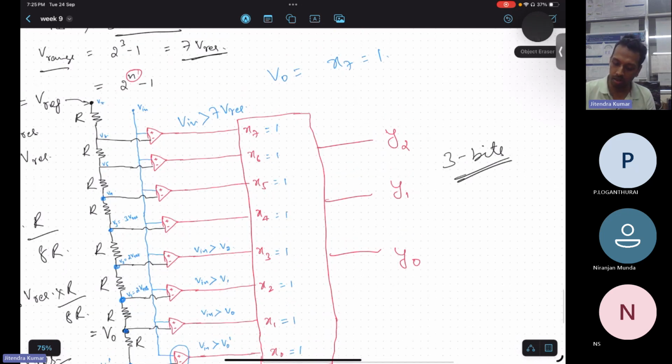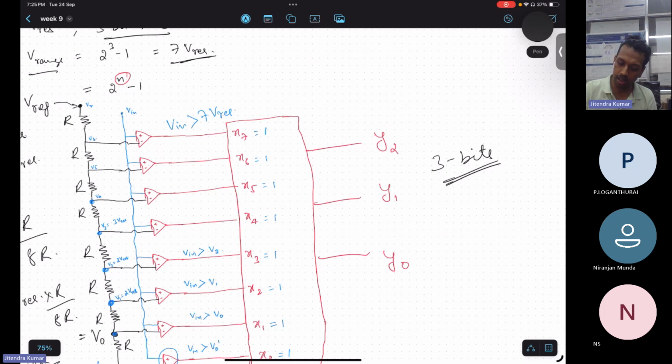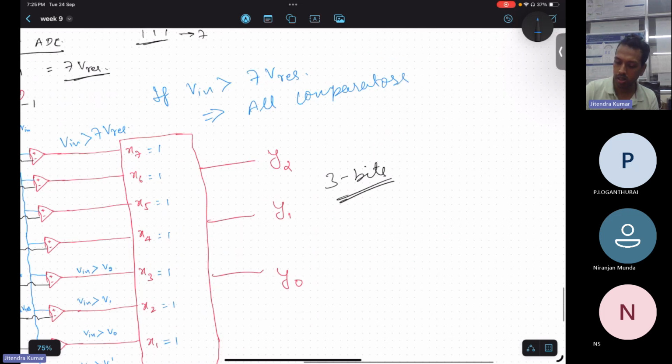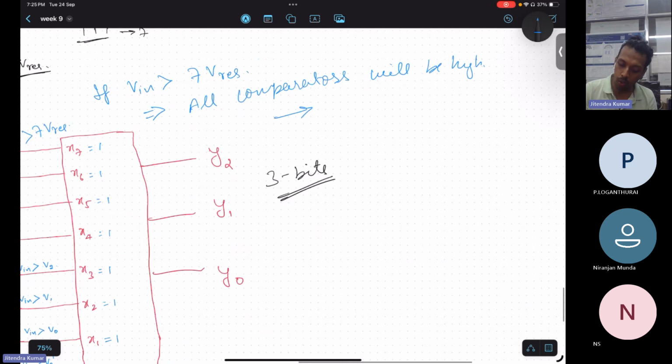If Vin is higher than 7 V resolution, then all comparators will be high. So at that time, since X7 is also high and all the comparators are high, the output will be 111. So let me draw the truth table of this.